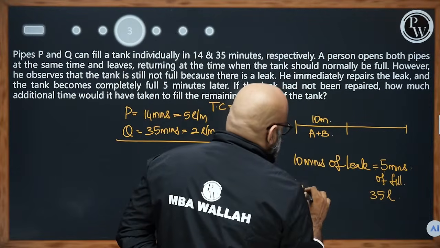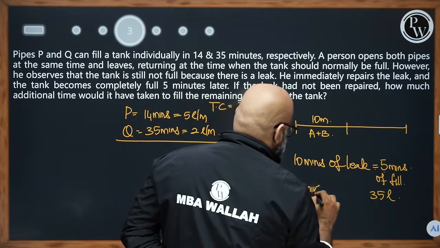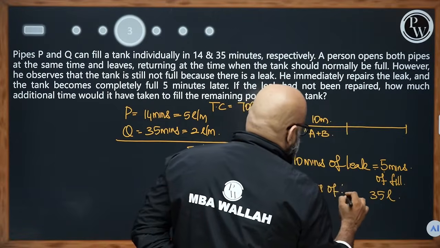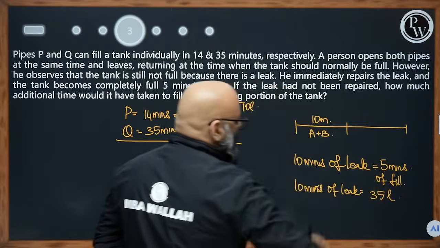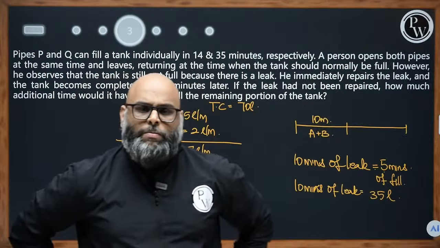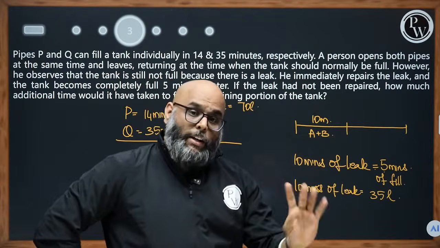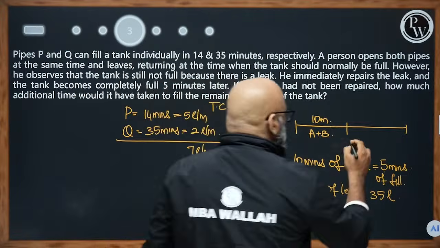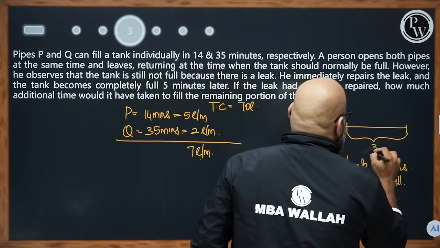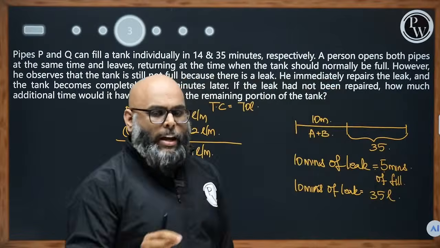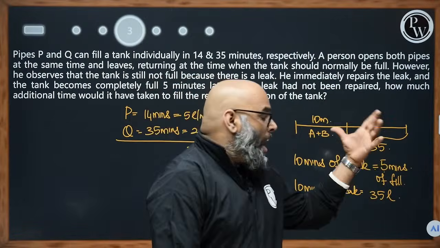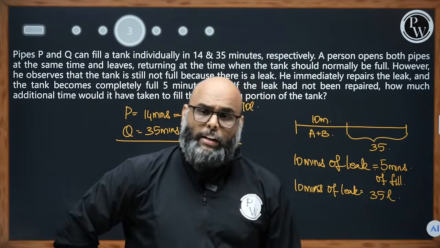So 10 minutes of leak is equal to 35 liters, right? Which means I have drained out 35 liters from this tank, which infers to the fact that at the mark when the leak was fixed, I had to fill another 35 liters of water in the tank.